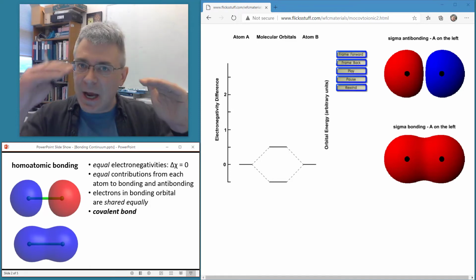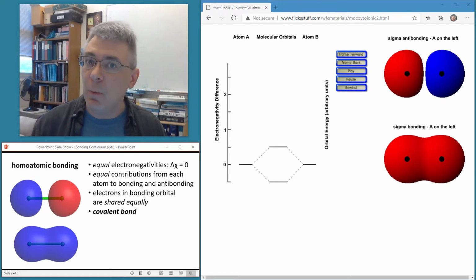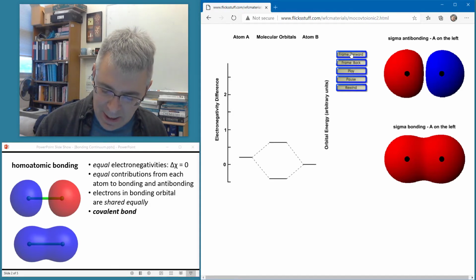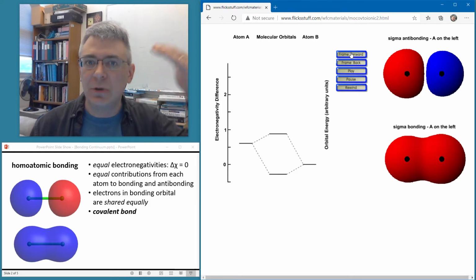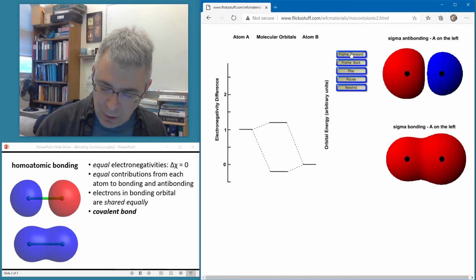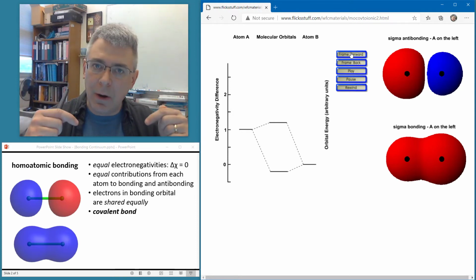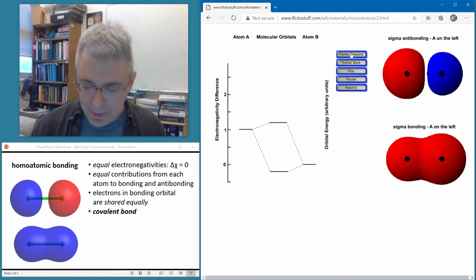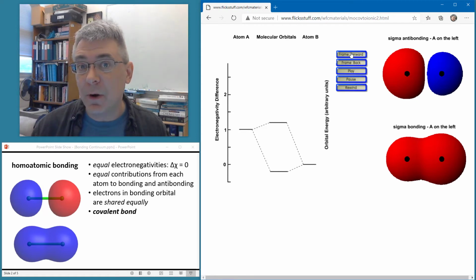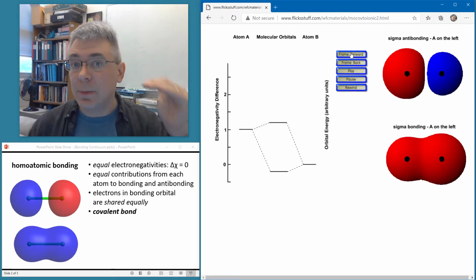But suppose I change that electronegativity difference. What will happen is I will also change the energies of the atomic orbitals, and they won't be the same anymore. As I make one of these atoms more electropositive and raise the energy of its atomic orbital, the relative contribution of the two atoms to the low energy bonding and the high energy antibonding changes. The more electronegative partner has the lower energy orbital, and it winds up contributing more to the bonding.